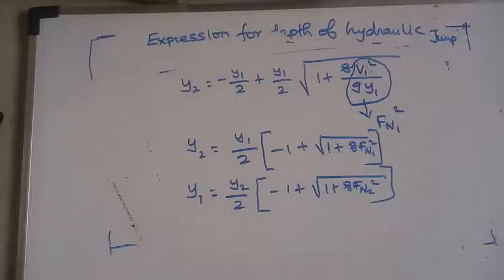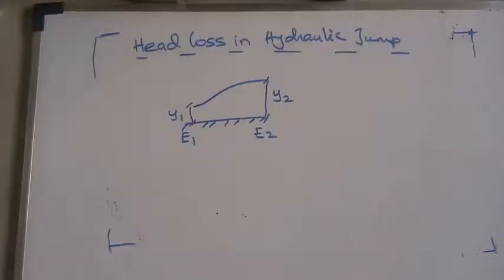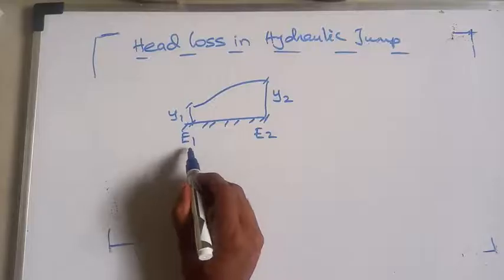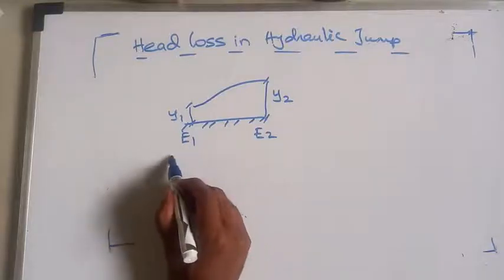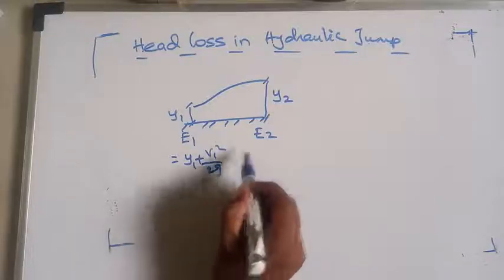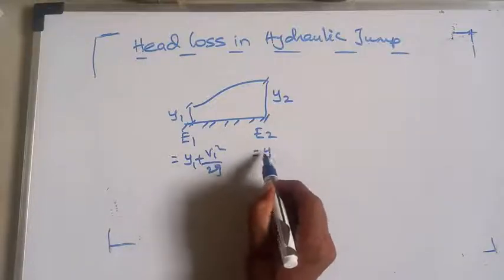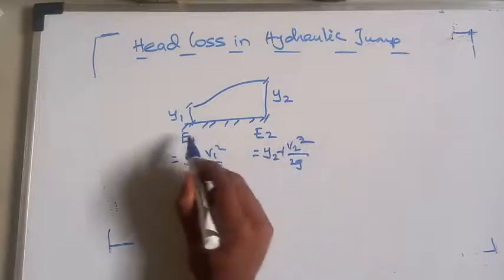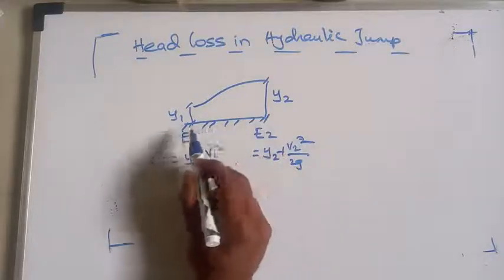Okay, next we will derive the head loss in a hydraulic jump. In a hydraulic jump, at section 1, the specific energy will be equal to y1 plus v1 square by 2g. At section 2, the specific energy will be equal to y2 plus v2 square by 2g. There will be a loss due to eddies.